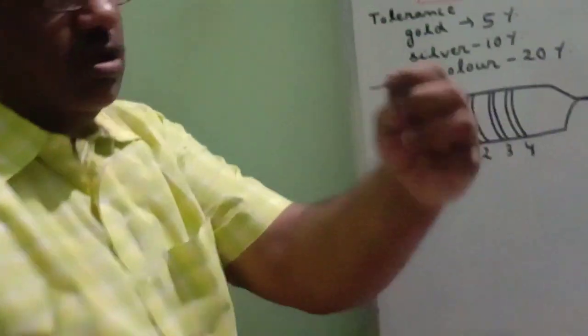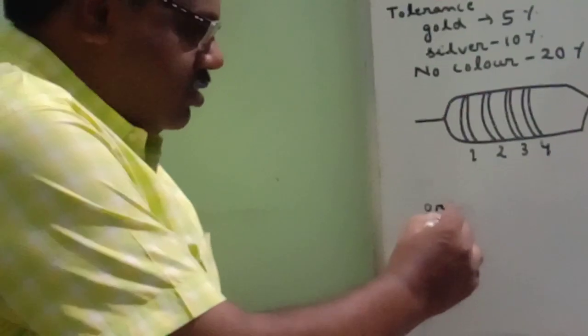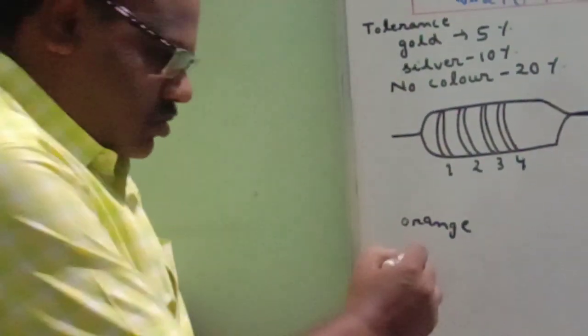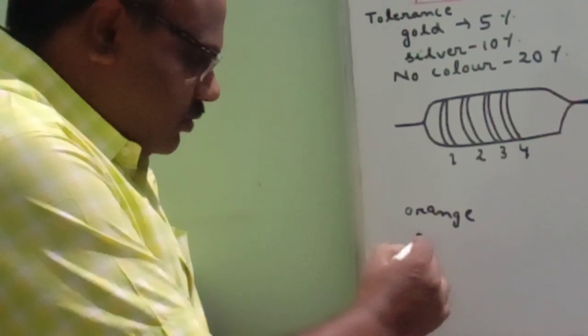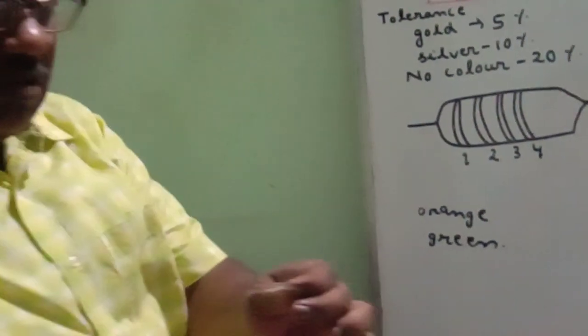The first one is orange, the second one is green, and the third one is red.